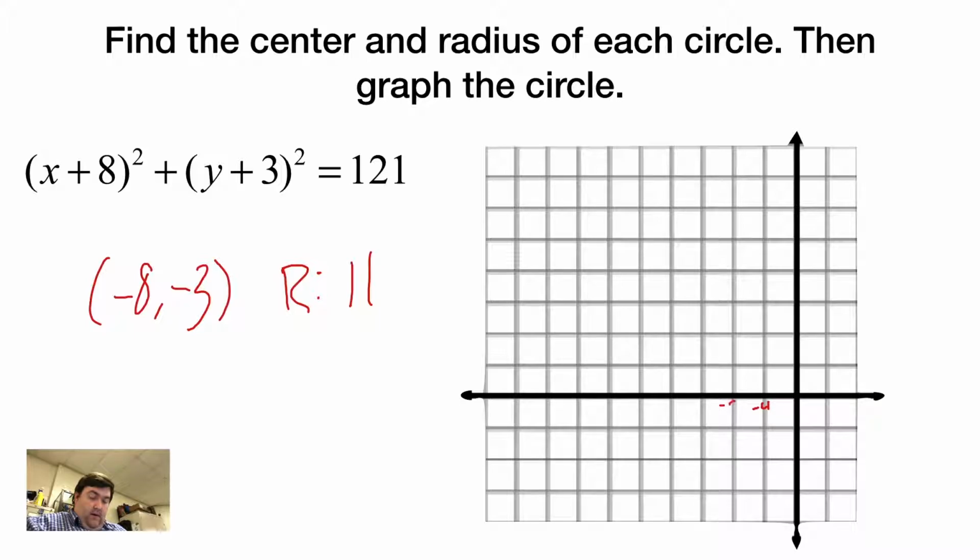Negative 4, negative 8, meaning this is our point. So 4, 8, 11, 4, 8, 11, and 4, 8, 11. That's a little bit harder to do, but then we graph, and well, it's close.